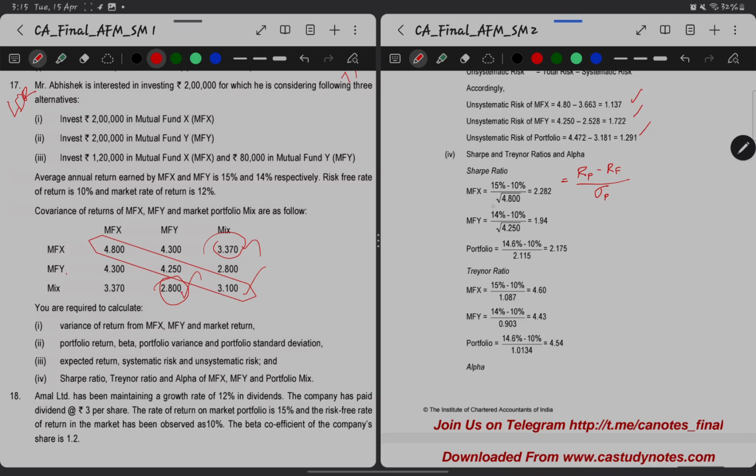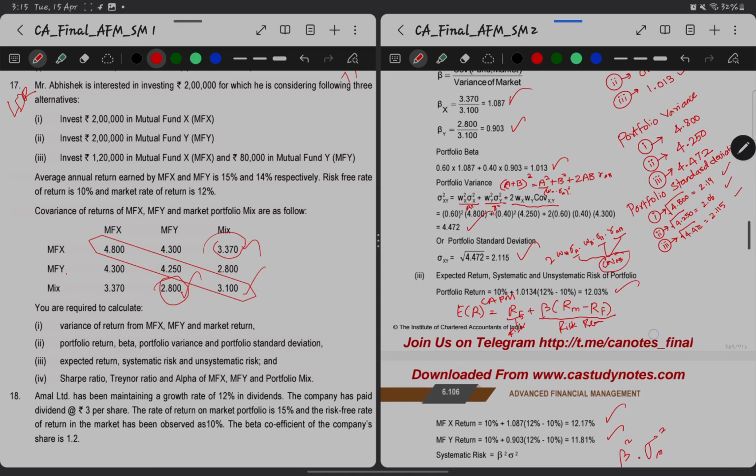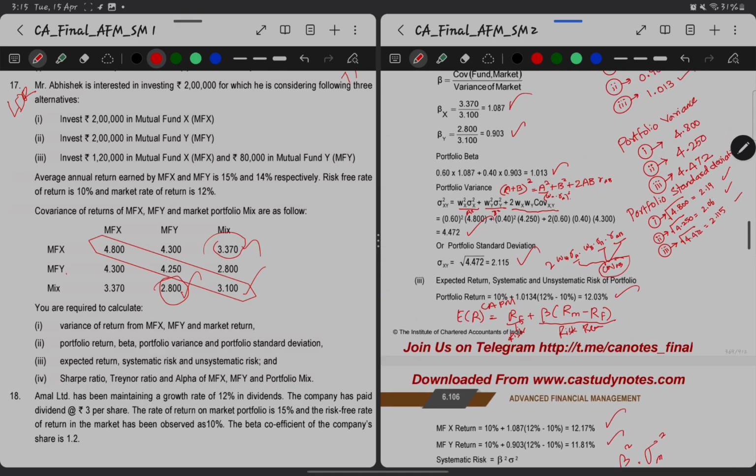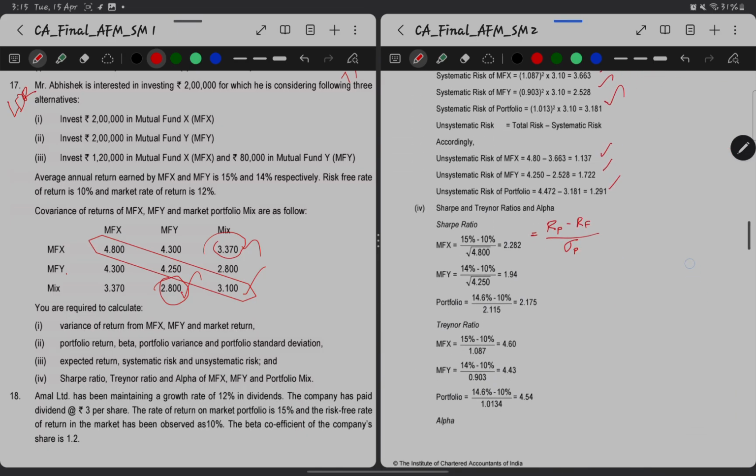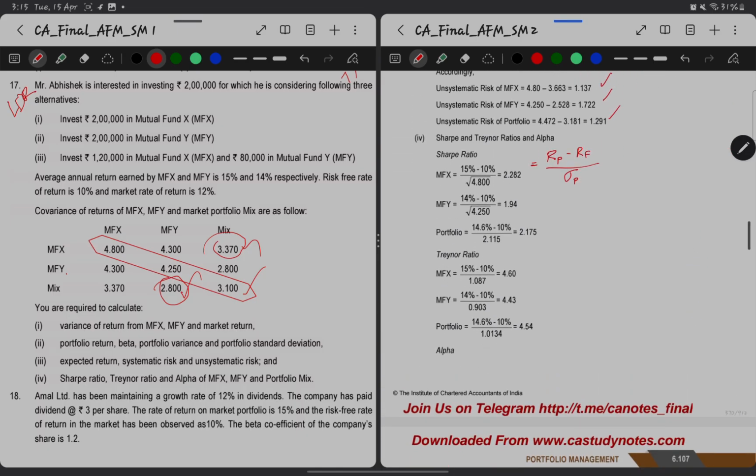So in the first case, let's say for MFX, the standard deviation is the risk. So variance is 4.8. The root will give us the standard deviation, which is nothing but 2.19 in our case. So 2.19 is the overall risk. So 15% is the portfolio return minus 10% is the risk-free return.